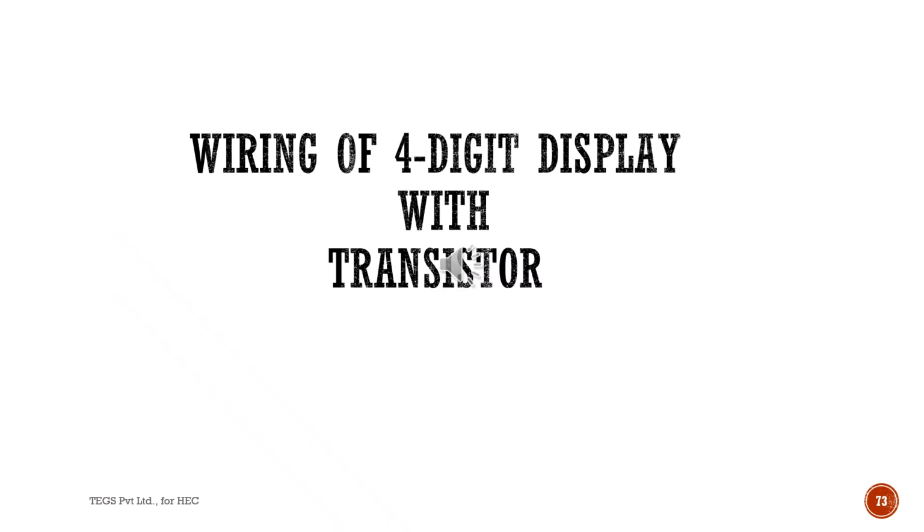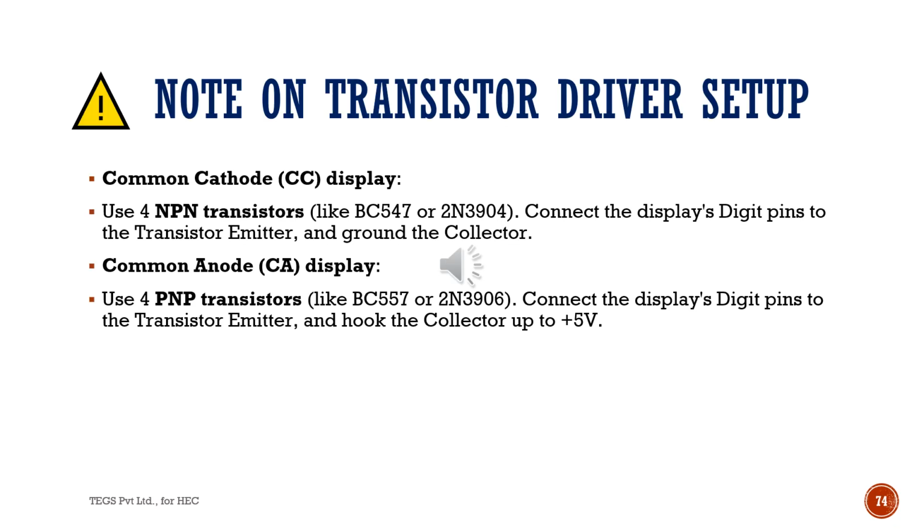Wiring a 4-digit display with transistor. Note on the transistor driver setup. A common cathode display uses 4 NPN transistors like BC547 or 2N3904. Connect the display digit pins to the transistor emitter and ground the collector.